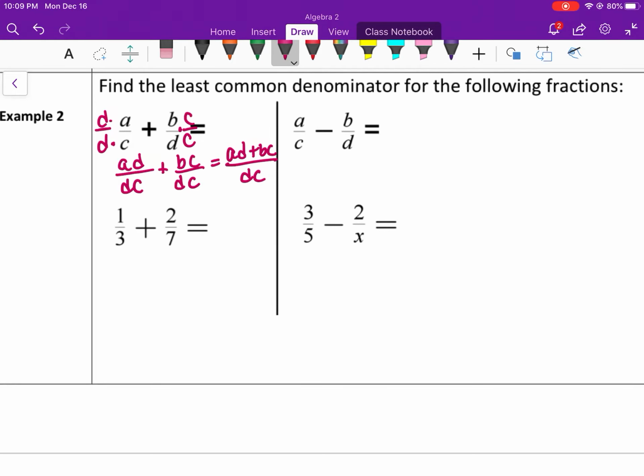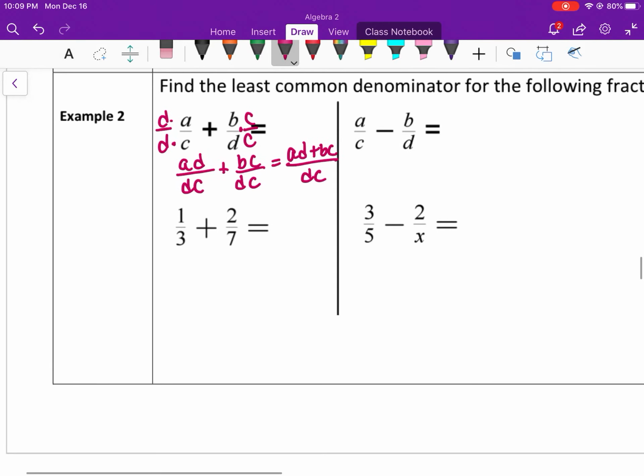Might make more sense when we have actual numbers. So 3 and 7. Now, you can find the lowest common denominator by listing factors of 3 and factors of 7 and find what they have in common. So I will start with the bigger numbers, so like 7, 14, can't divide either one of those by 3. 21, I can divide 21 by 3. So 21 is my lowest common denominator. And in fact, 7 times 3 is 21.